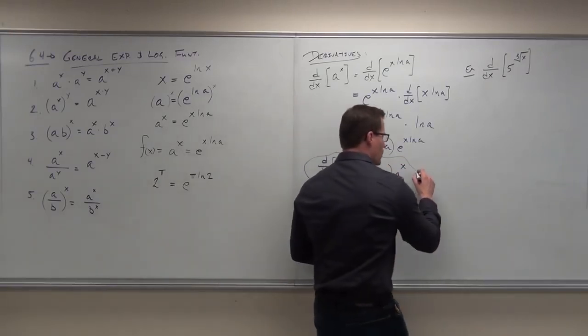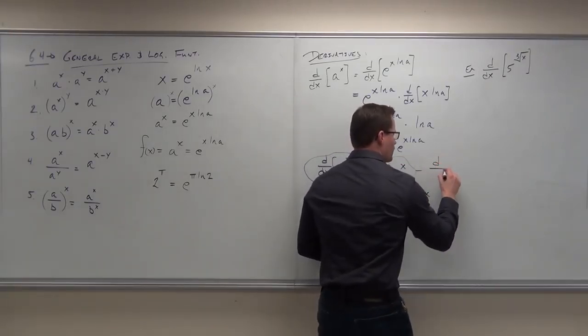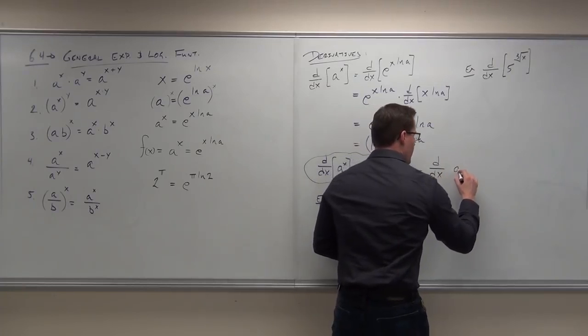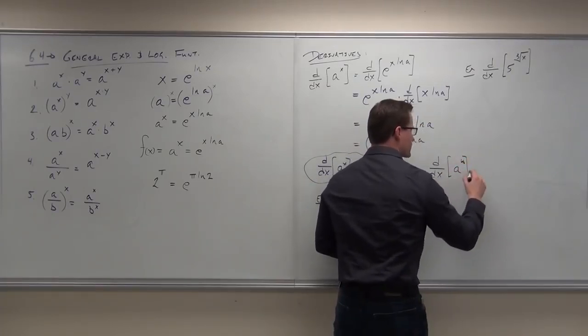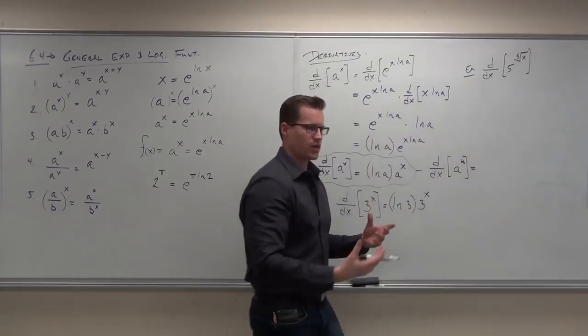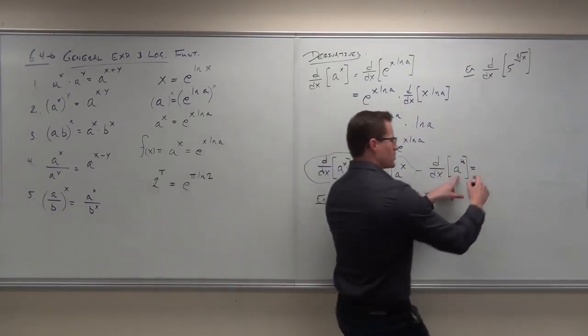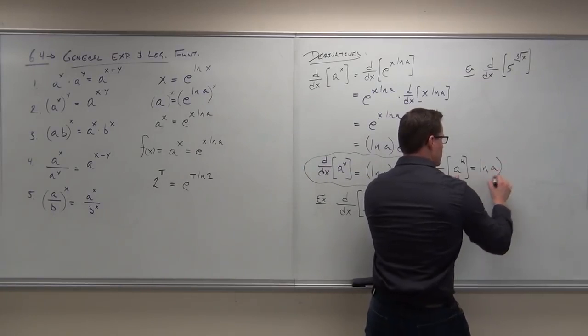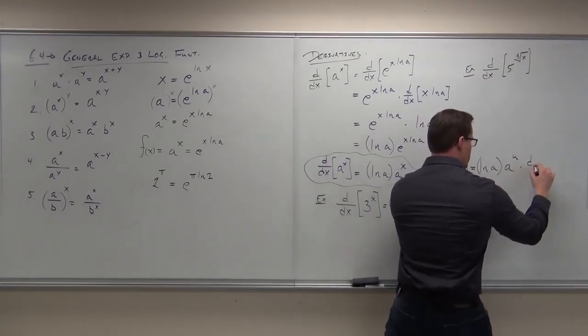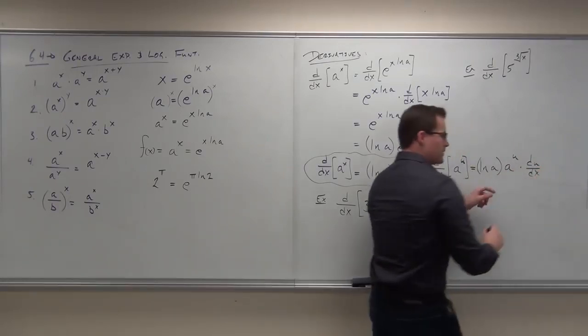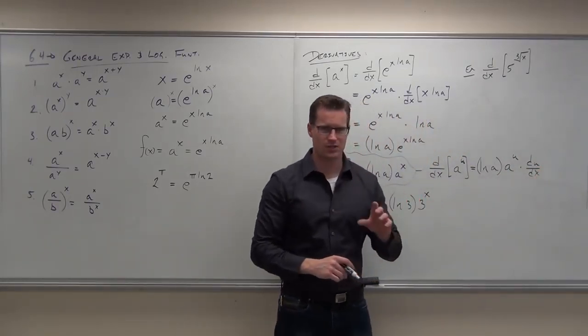So if we want to find the derivative of a to the u, where u is a function of x, it's the chain rule. The chain rule says you're still going to have ln a, you're still going to have a to the u, and then you would do du dx. This is via the chain rule. Are you guys okay with that one?